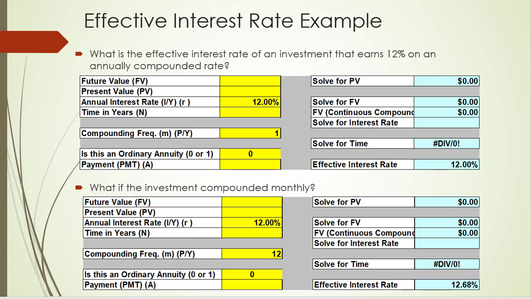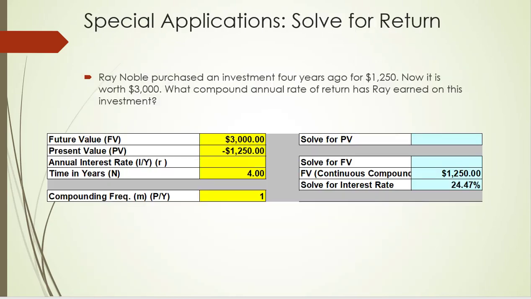Next, we want to switch gears again and look at some application concepts. Ray Noble purchased an investment 4 years ago for $1,250. It's worth $3,000. What is the compounded annual rate of return? So we input the numbers, 3,000.